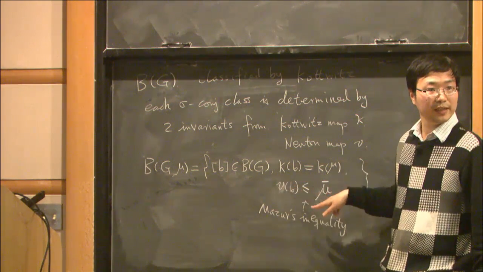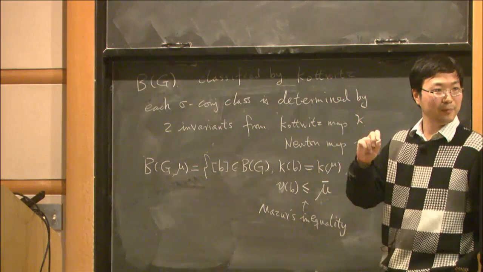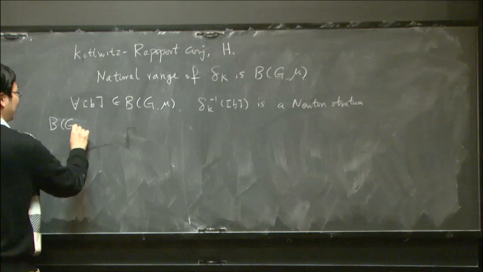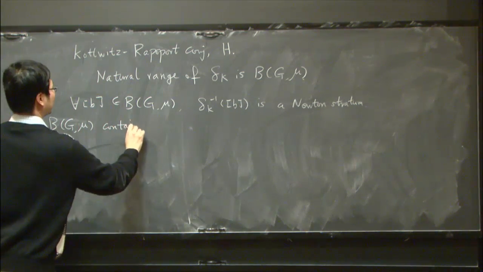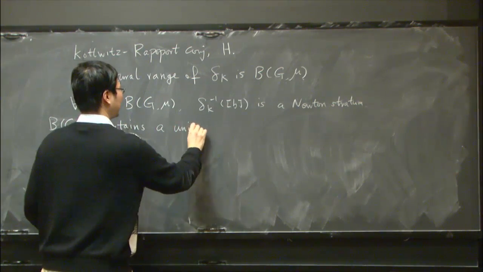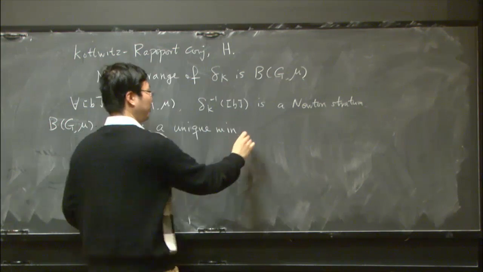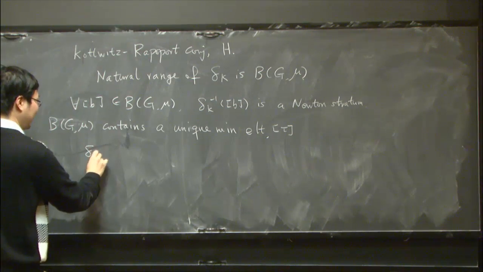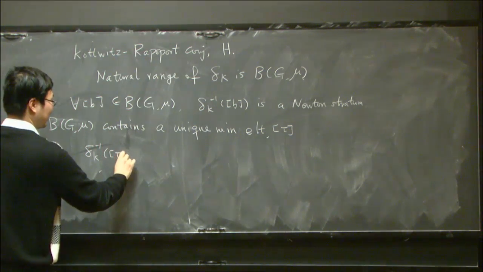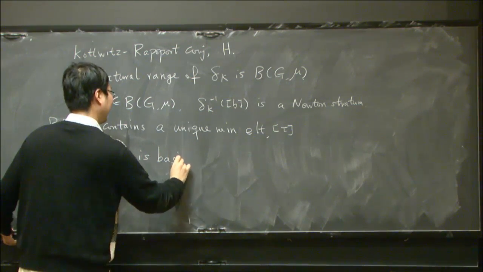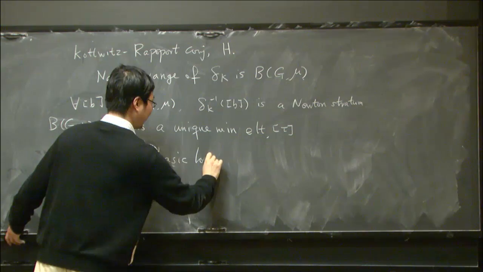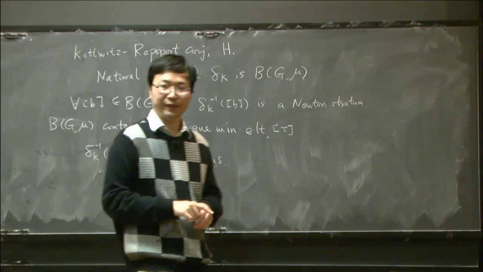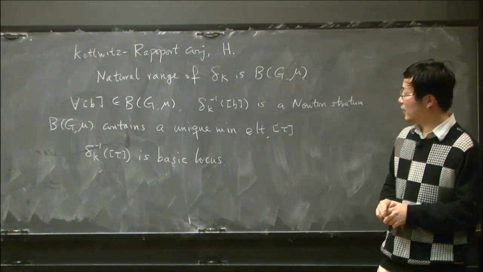If you look at this inequality, there is a unique minimum element, I call it tau. Then this one is what I mean by the basic locus. In most cases, the basic locus is just the supersingular locus, but I do not know if this is always true.